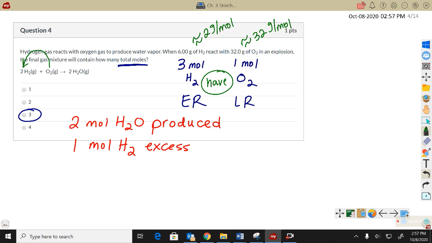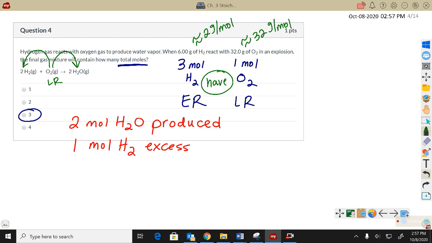You could also think of it backwards. For every 2 moles of hydrogen, I only need 1 oxygen. I need half as much oxygen. So if I really want to react 3 moles of hydrogen, I need 1.5 moles of oxygen, and I don't have that much. So with my 1 mole of oxygen, my limiting reactant, I can make 2 water, and of course 2 is one of the choices.